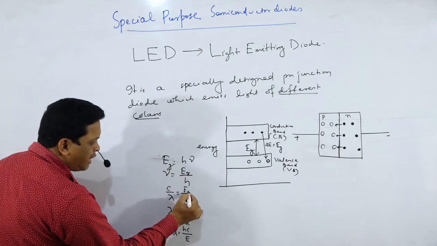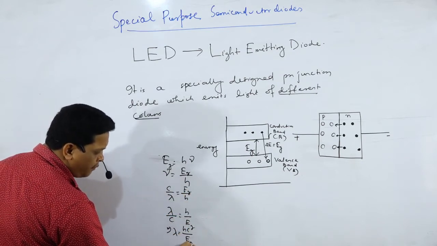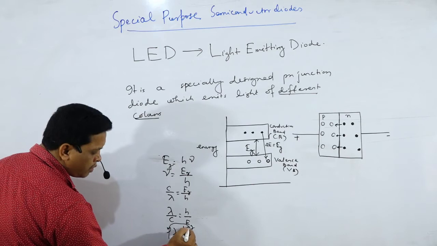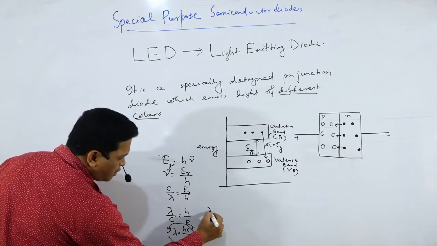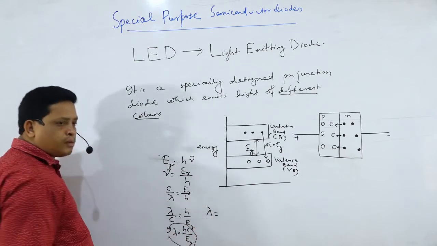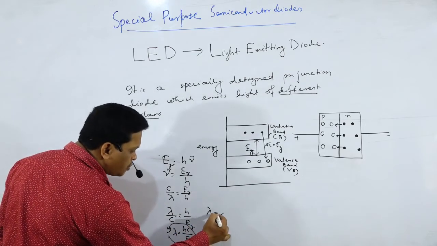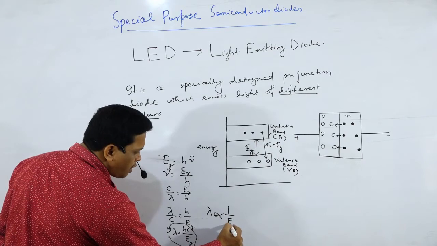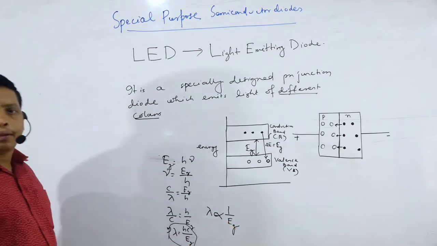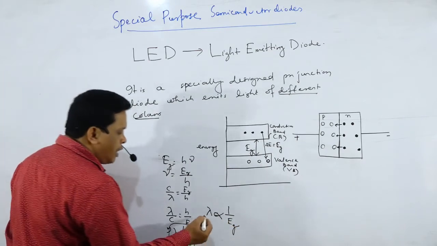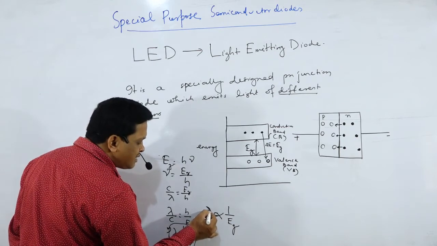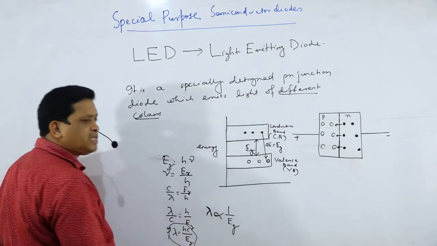So the wavelength of the emitted radiation or photon is inversely proportional to the energy gap, and when lambda changes, the color of the light changes.